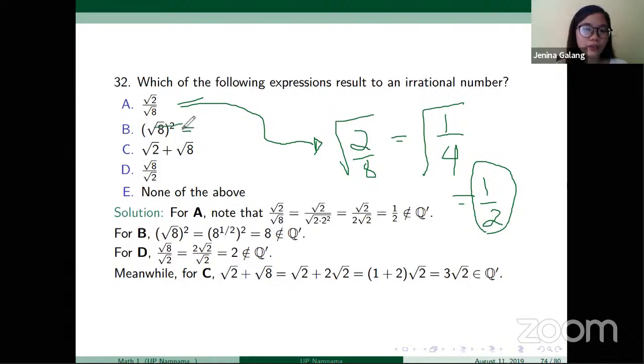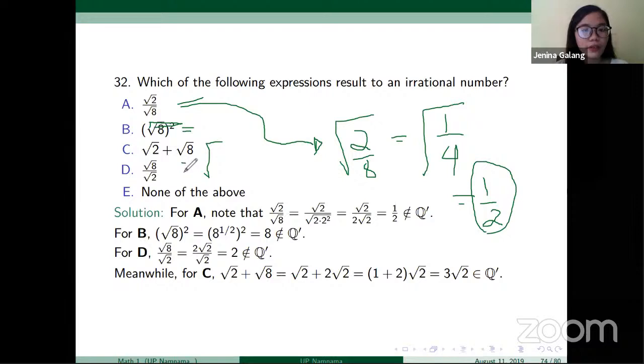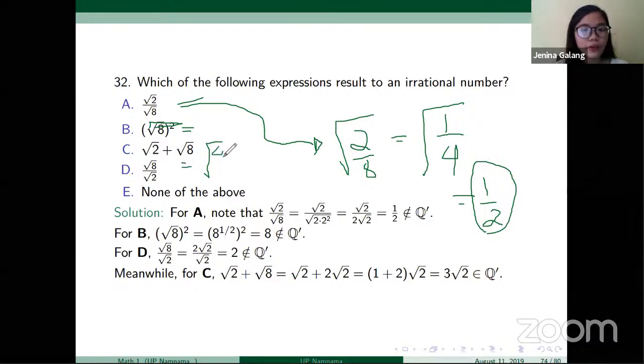Cancel out natin itong square root and yung square. And unahin natin yung D. We will have 4/2, which is 8/2, which is the square root of 4, which is 2.